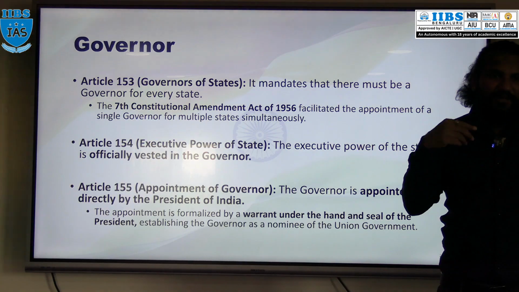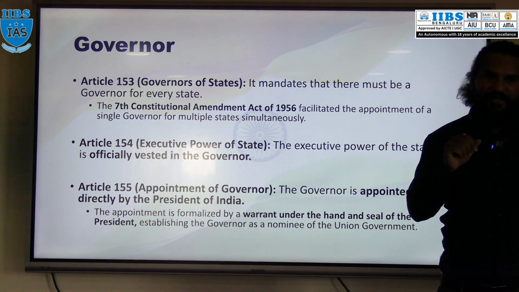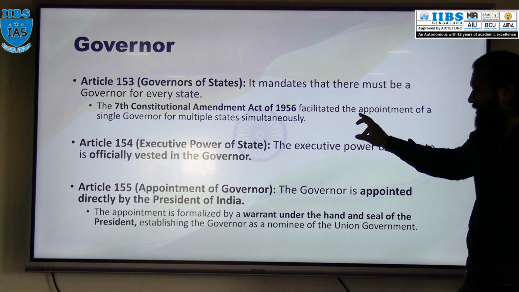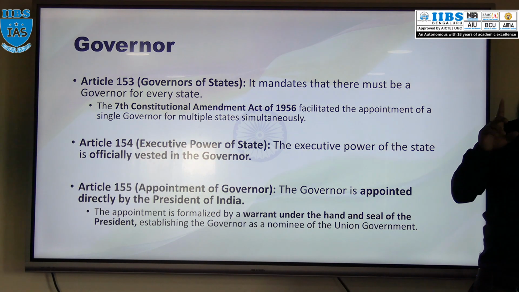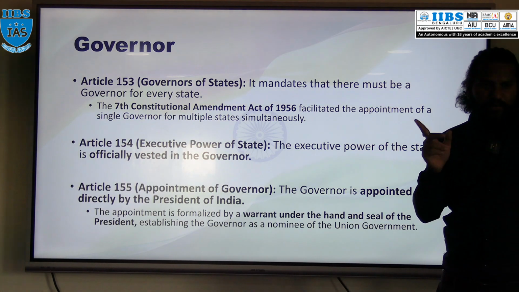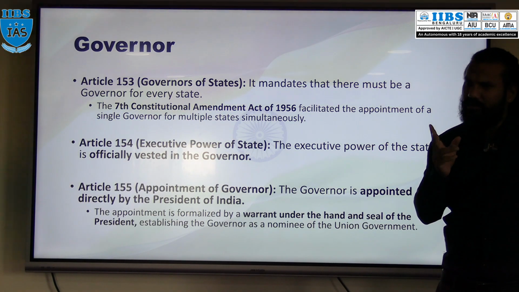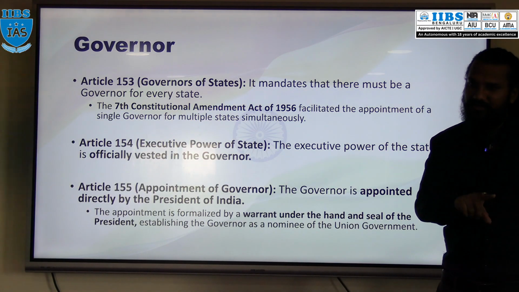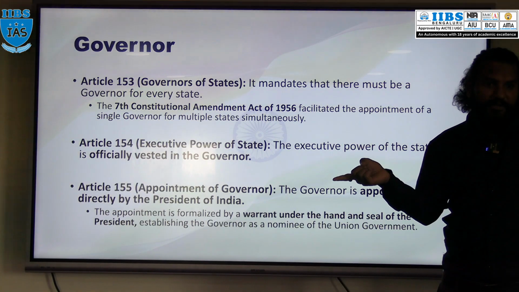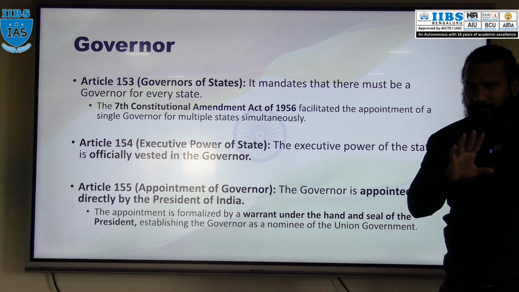Got it? The same person is Governor for both Tamil Nadu as well as West Bengal. So the 7th Constitutional Amendment Act says that an individual can be appointed as Governor for one state or more than one state, or the same person can be appointed as Governor of a state and Lieutenant Governor or administrator of a UT.